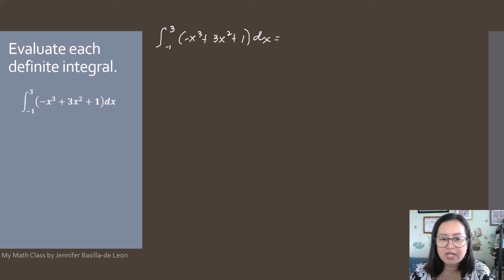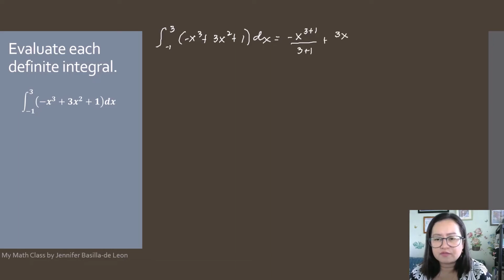Since we have negative x cubed, that would be getting the antiderivative of x cubed. We will have 3 plus 1 in the exponent, and then copy that expression in the denominator. Then we will do the same to the other terms.